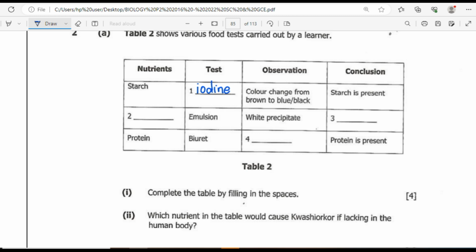Then the color changes from brown to blue black. So the conclusion is starch is present. Then here we have emulsion. So whenever you see emulsion, it is a test for fat. Whenever it shows white precipitate, then you say not starch, fat is present.